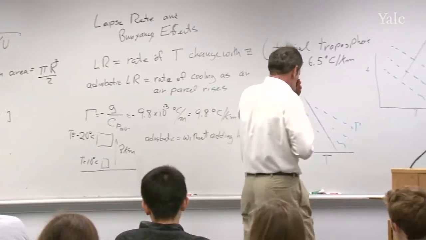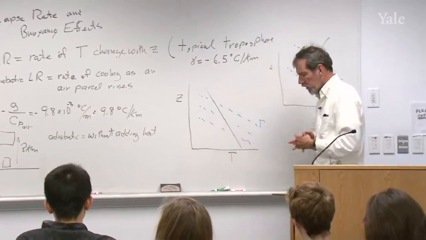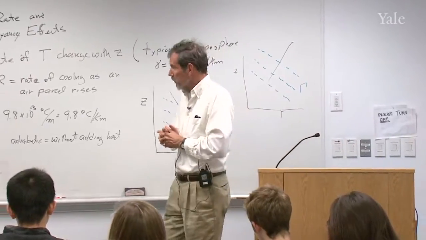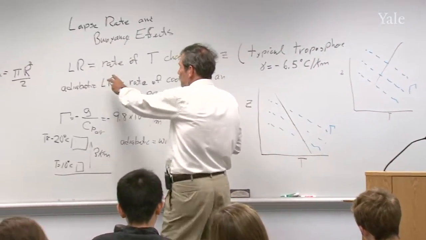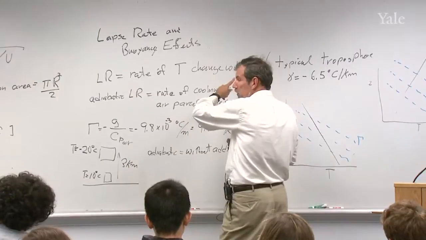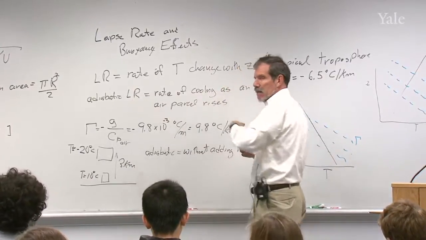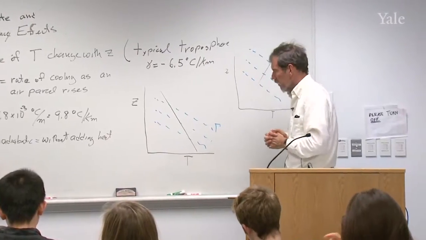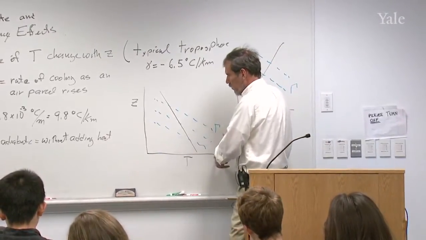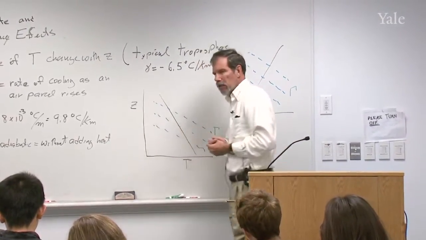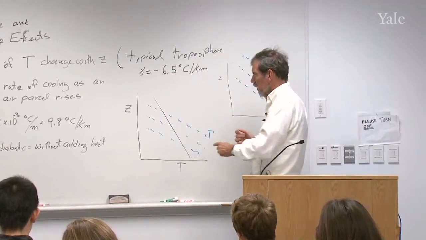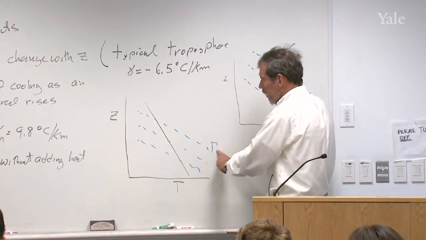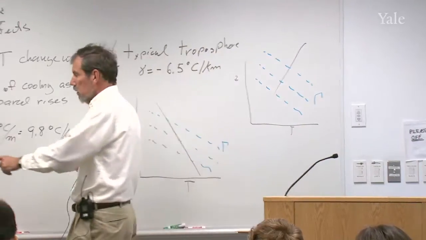Okay, now we can begin to do some calculations then of what happens to air as you move it up and down in the atmosphere using these two concepts, the measured lapse rate and the adiabatic lapse rate. So normally in the textbooks you'll see diagrams like this where the temperature's been put on the x-axis, altitude's been put on the y-axis, and some reference lines are drawn on here with a slope given by capital gamma.